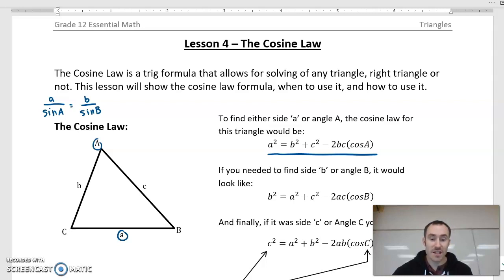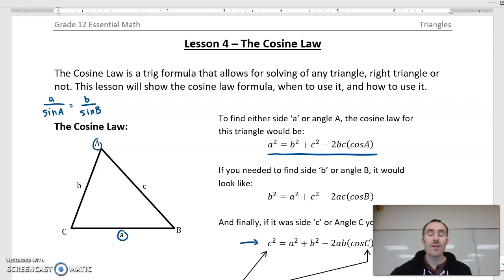But you can see that happening at the bottom over here. That would be the same thing. But this last bit, this minus 2BC times the cosine of A, or whichever version you're using, that allows us to use it for every triangle, not just right-angled triangles. The Pythagorean theorem only works for right-angled triangles. So we need to expand that a little bit.